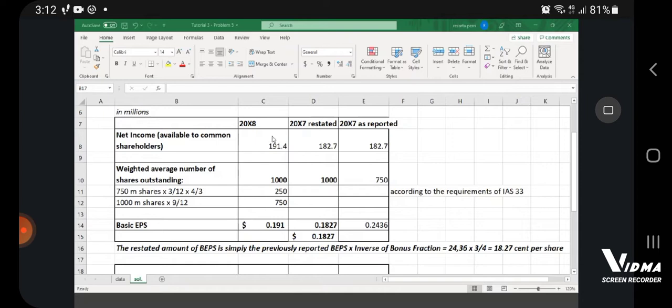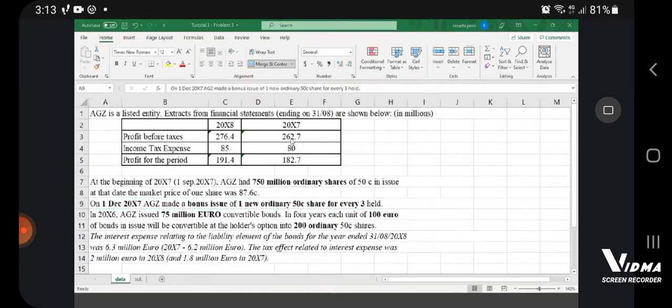Okay, the year 2017. That's a good question, and a funny question, because we mentioned that this is the case of a company whose financial statements end in August of 2018. That means if I say beginning of 2018, actually it's the 1st of September 2017.